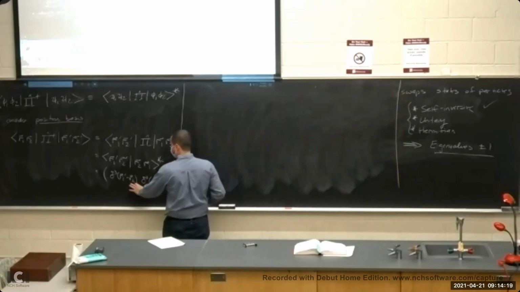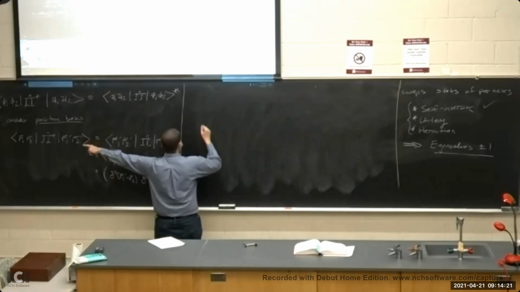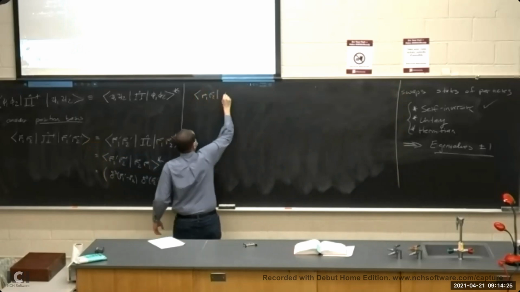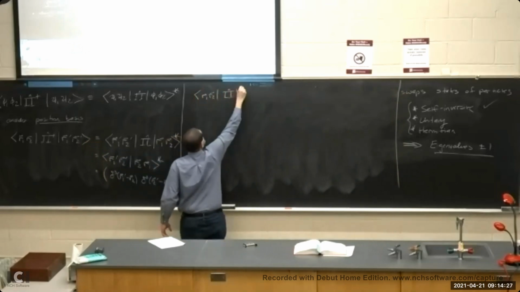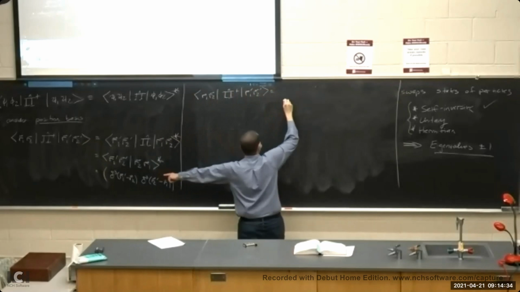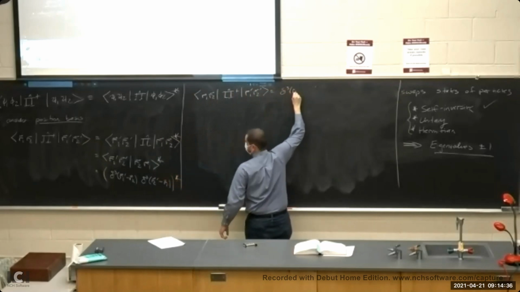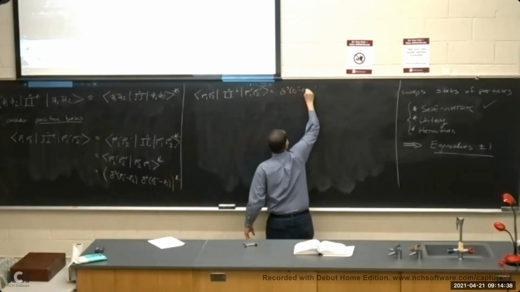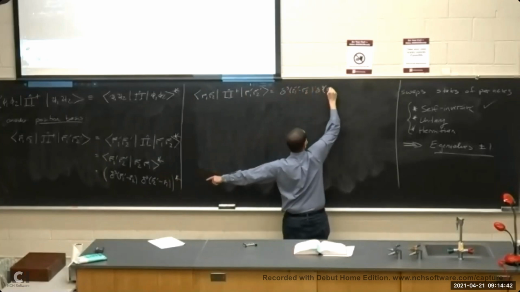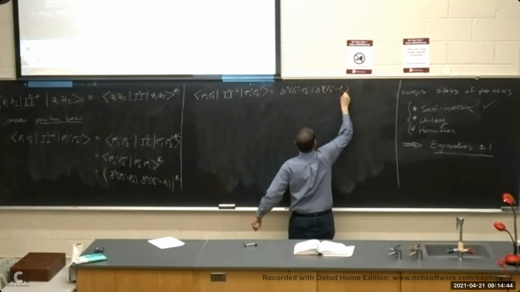And so now I just want to read these delta functions back off in a way that looks like the matrix element that I started with. <R1, R2| π† |R1', R2'> is equal to δ(R1' − R2) δ(R2' − R1).